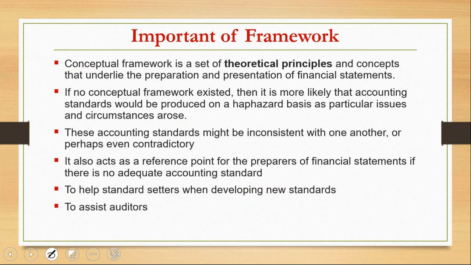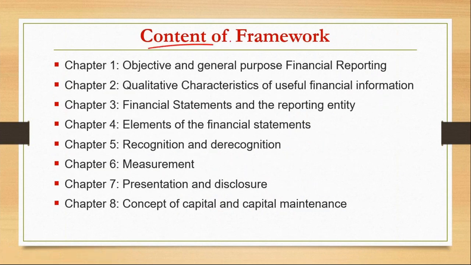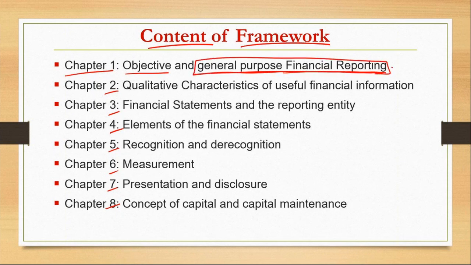So now, what is the content of the new framework? There are a total of 8 chapters, chapter 1, 2, 3, 4, 5, 6, 7, and 8, which have now been introduced in the framework. Chapter 1 tells us the objective of preparing general purpose financial reporting. General purpose financial reporting means the financial statements: why are we preparing the financial statements?